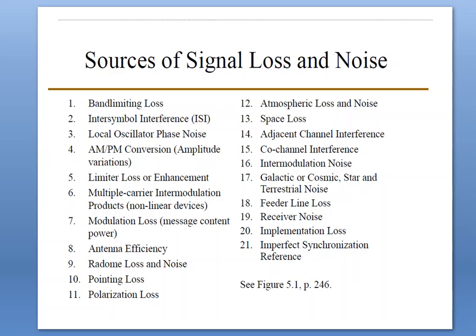And the last one, imperfect synchronization reference. When the carrier phase, the subcarrier phase and the symbol timing references are all derived perfectly, the error probability is a defined function of Eb/N0. In general, they are not derived perfectly.